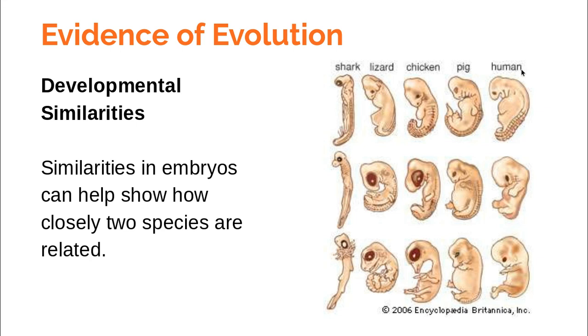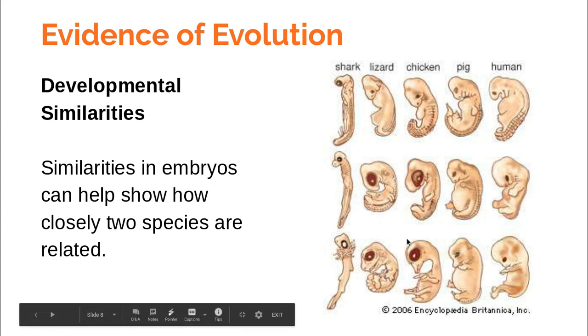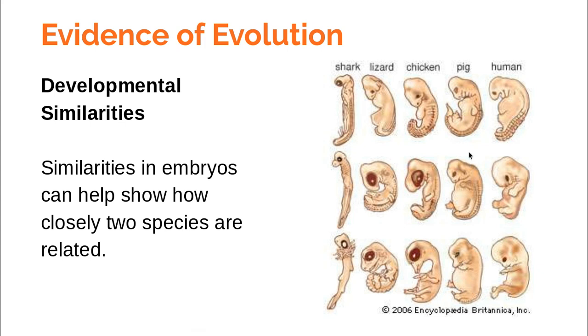As the embryos start to grow and divide, they start to take shape into the organisms that they will actually become. But again, the way that they start and what these embryos look like helps us to see which ones are more closely related because of the way that we start to develop.